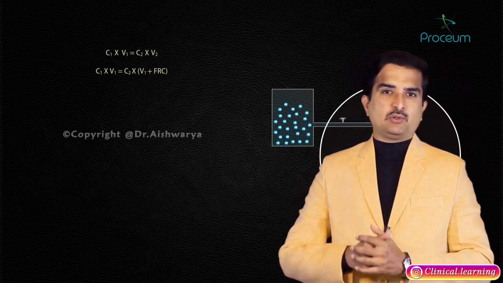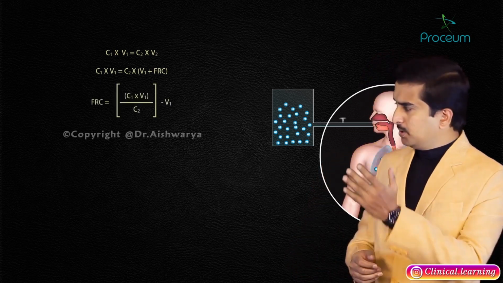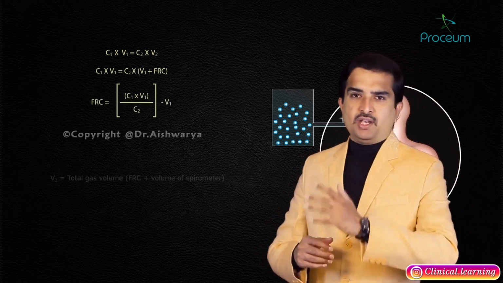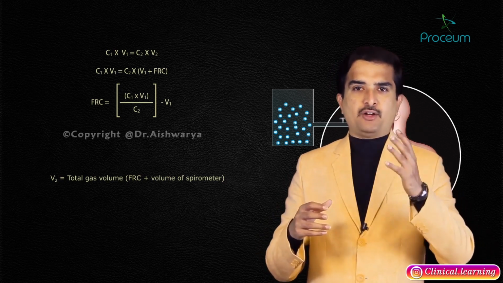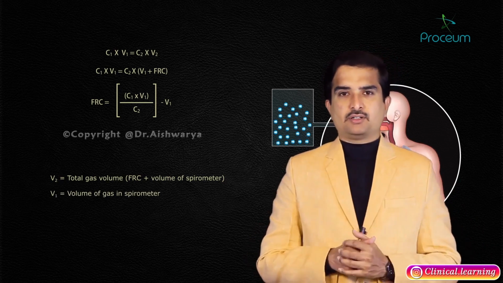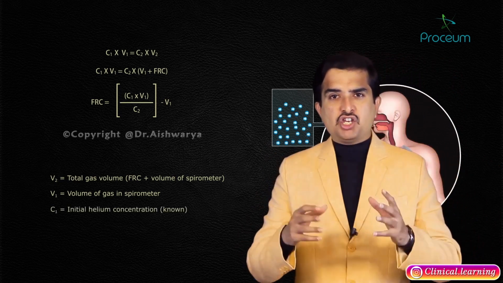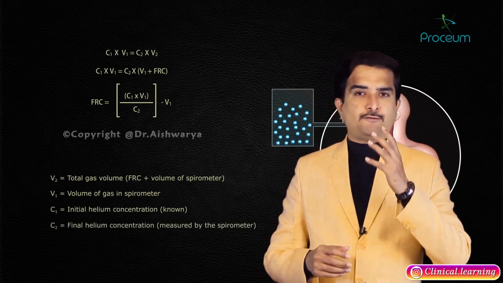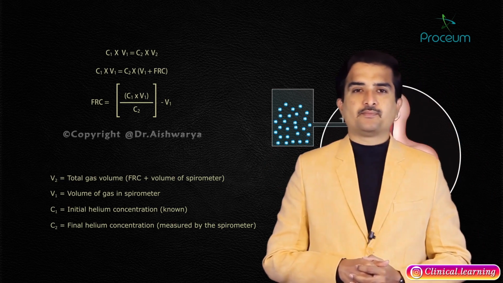FRC can finally be calculated as C1 V1 divided by C2, minus V1. Here V2 is the total gas volume, that is FRC plus the volume of the spirometer. V1 is the volume of gas in the spirometer. I already mentioned C1, which is the known initial helium concentration, and C2 is the final helium concentration, which is measured by the spirometer.